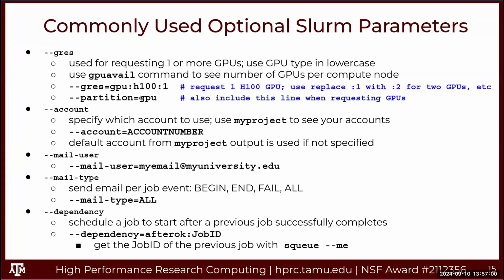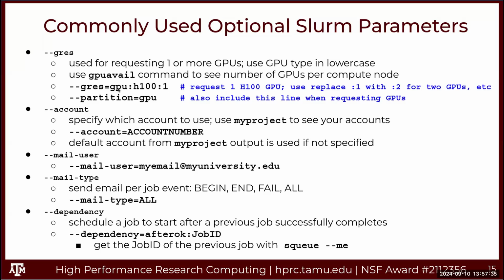All right, GRES, this is the way you specify the type of GPU to use. You can use the GPU eval command to see the types of GPUs we have, and we'll go over that in a little bit. So the parameter is --gres equals gpu, colon, the type of GPU, H100 or A30 as we have on ACES, and then a colon, and then the number of GPUs.